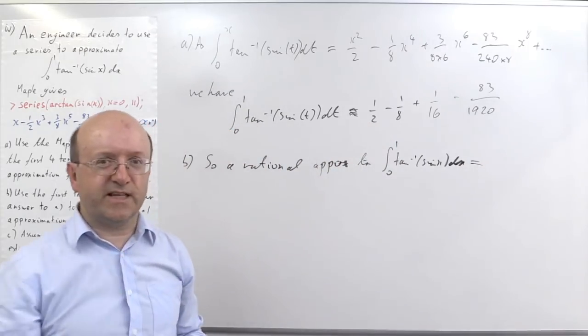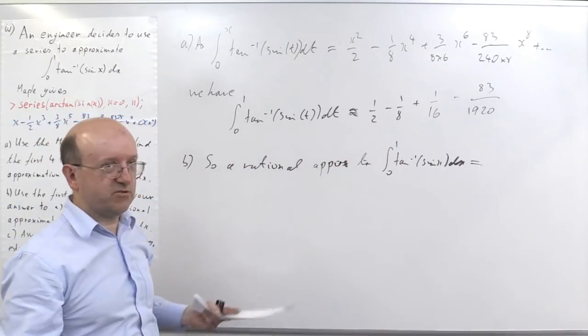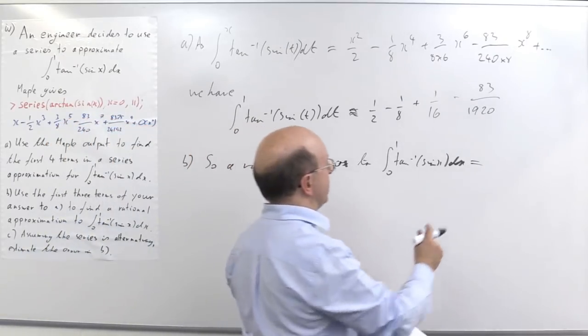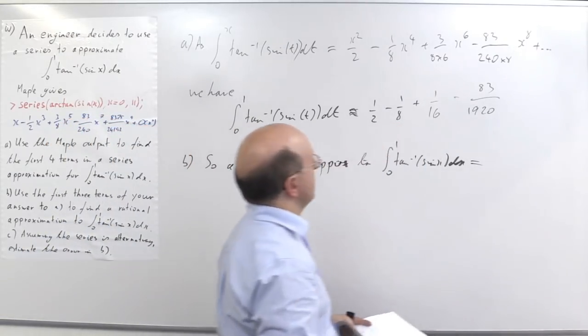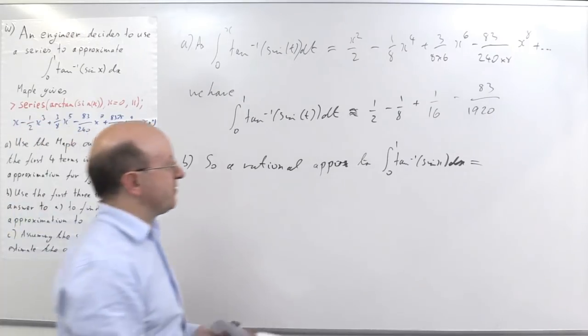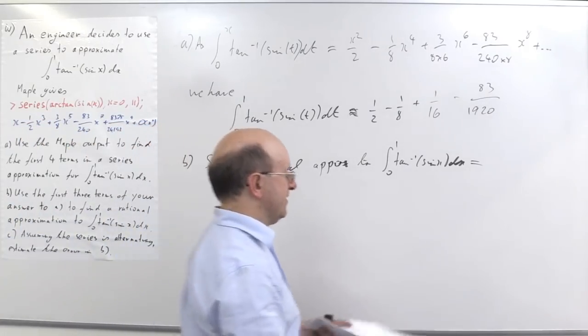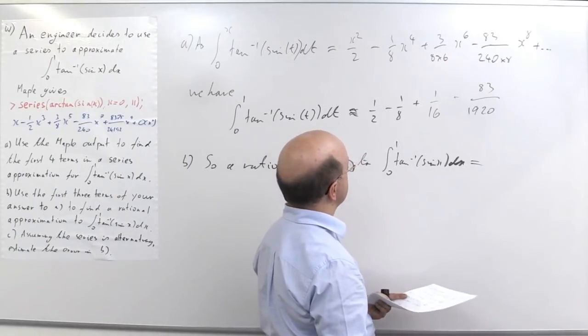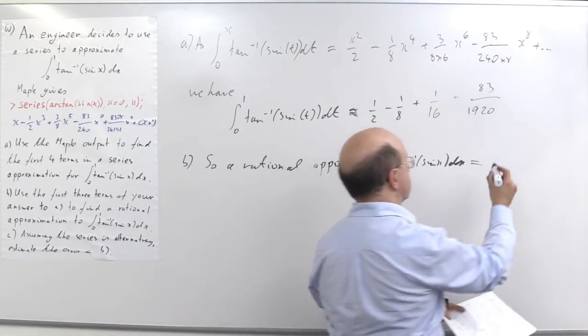I'm flipping between t and x as the dummy variable. That shouldn't bother anybody. So half minus an eighth plus a 16th. Well, let's put everything over 16. I suppose that's 8 minus 2 plus 1. 9 over 16. 7 over 16, sorry. 9, yes, 7 over 16.